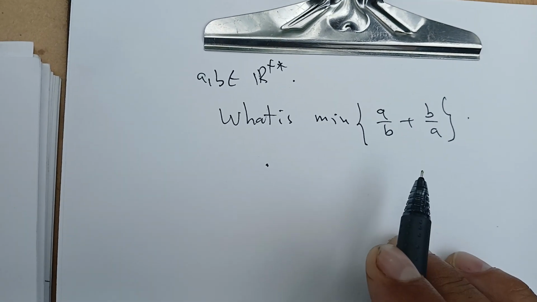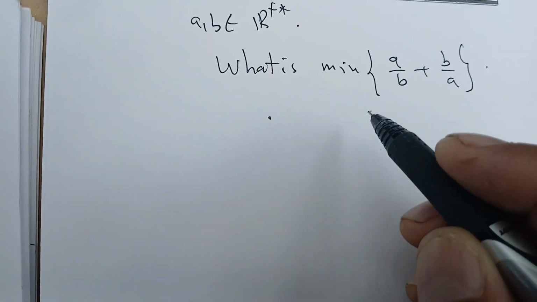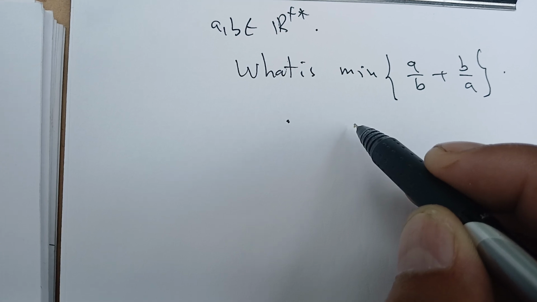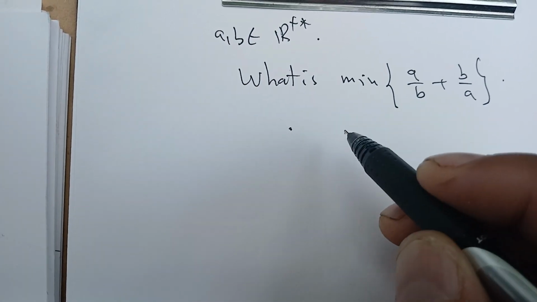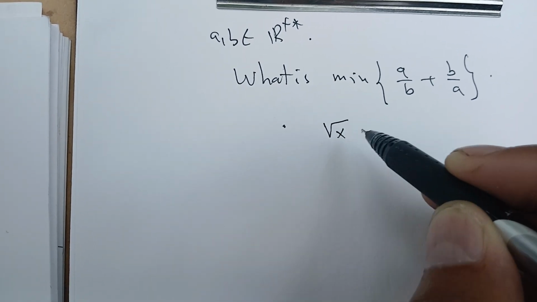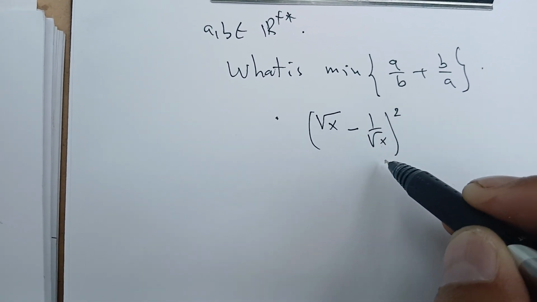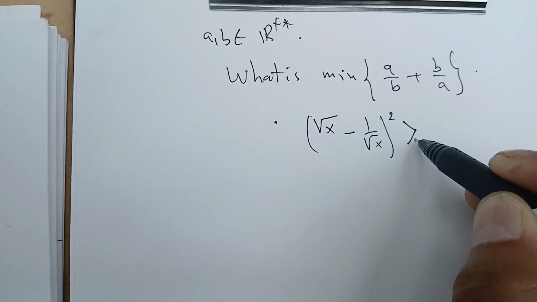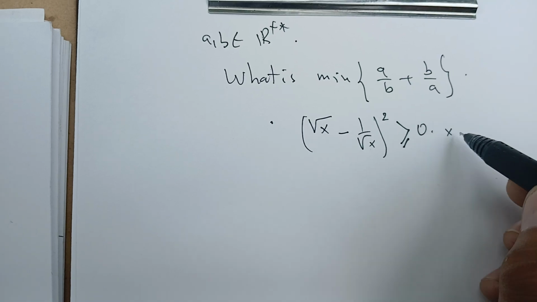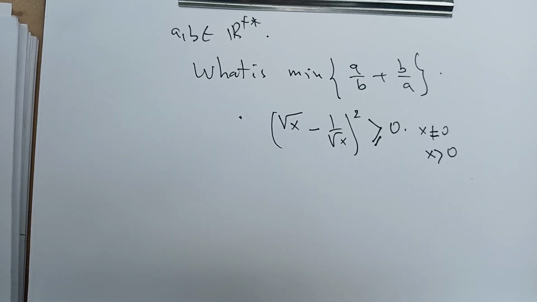The good thing is that, for those who want to solve this problem, we can use the fact that given any number x, we can compute (square root of x minus 1 over square root of x) squared. This is greater than or equal to 0, even if x is different from 0, that is, if x is strictly positive.